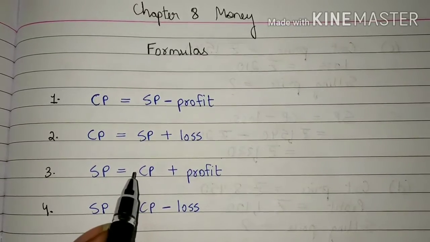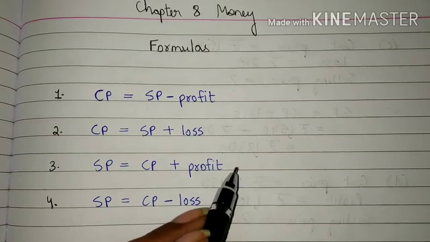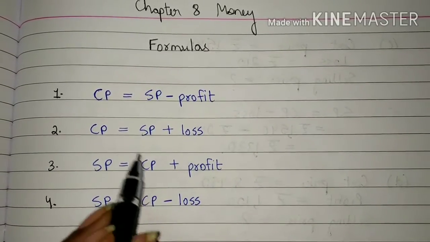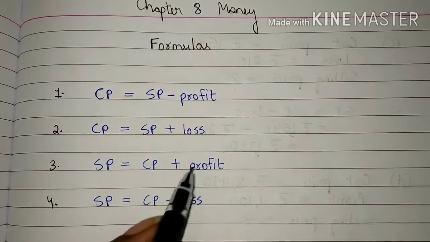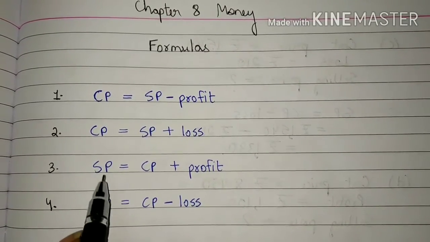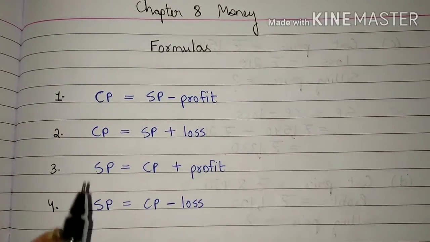When cost price and profit is given and you have to find out selling price, then you will use this formula: selling price is equal to cost price plus profit.